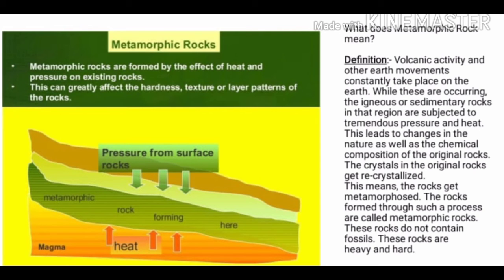Now students, with the help of the diagram, let's see once again the meaning of metamorphic rocks. Metamorphic rocks are formed by the effect of heat and pressure on existing rocks. And point 2, this can greatly affect the hardness, the texture or layer patterns of the rock.